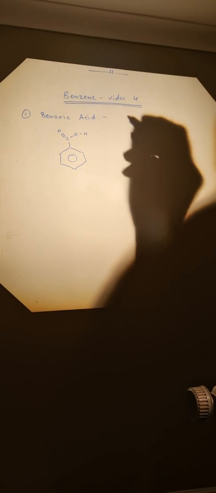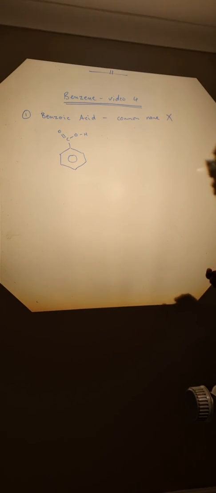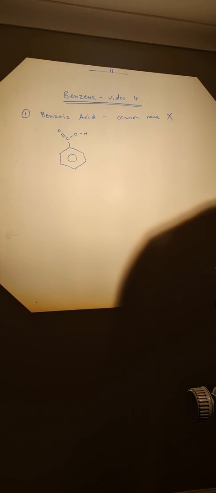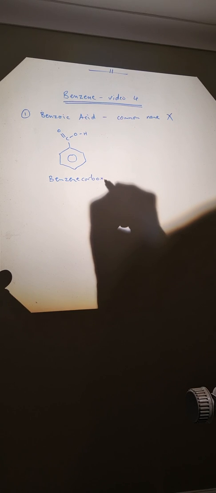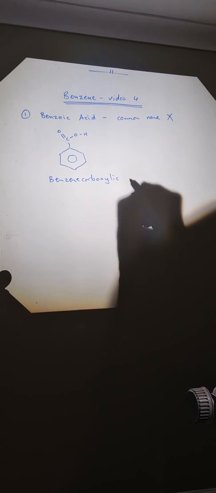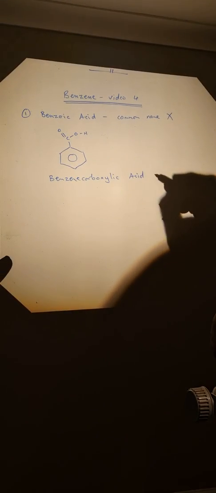Now benzoic acid is the common name, and we shouldn't really use the common name when there is a more modern IUPAC nomenclature name, which is benzene carboxylic acid. Benzene carboxylic acid.